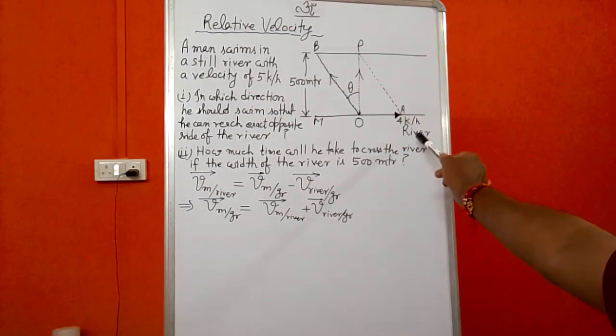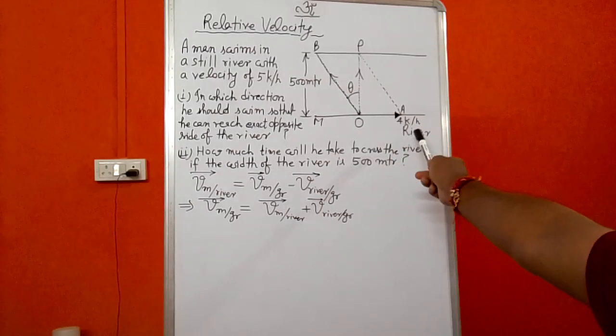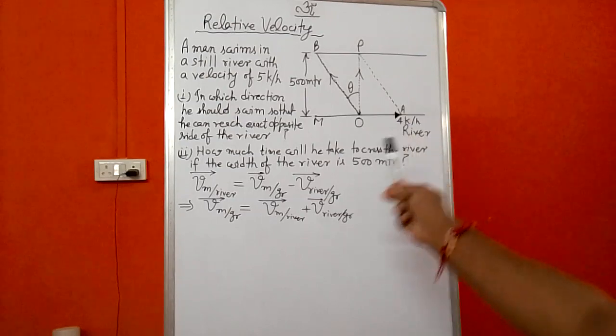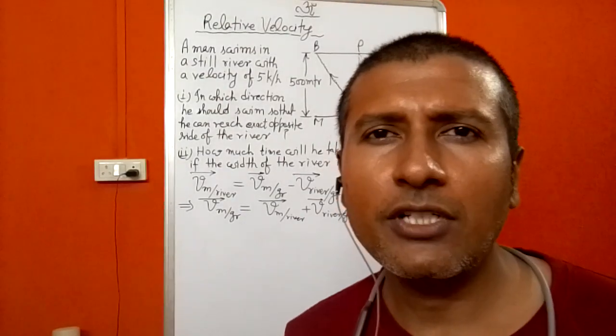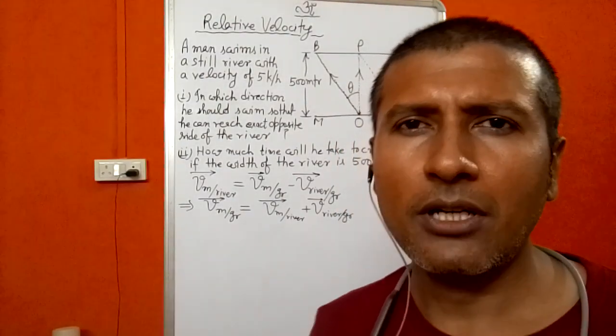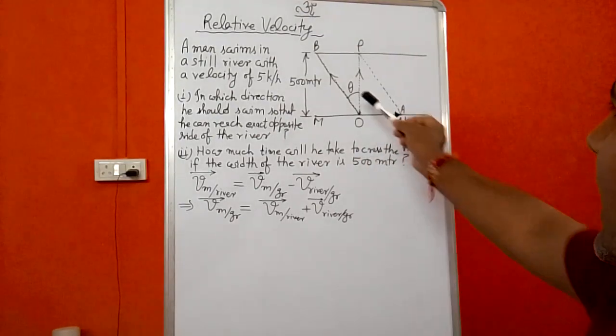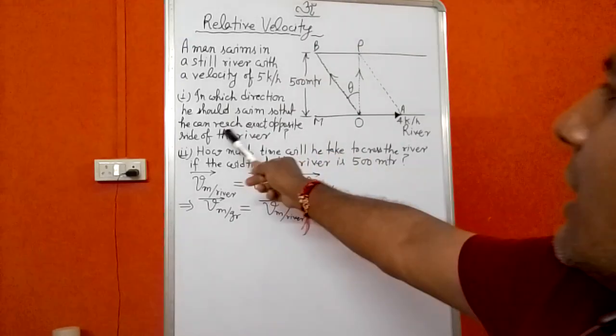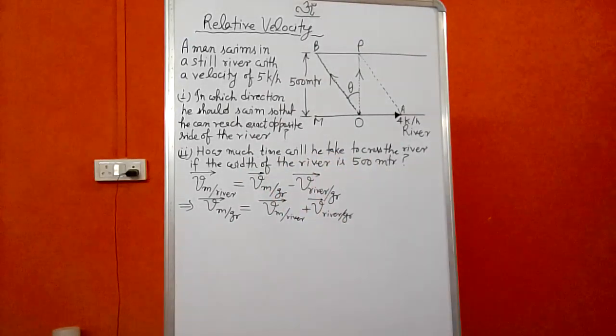4 km per hour is the velocity of the river given by the problem. We need to find the direction in which he should swim so that he can reach the exact opposite side of the river.